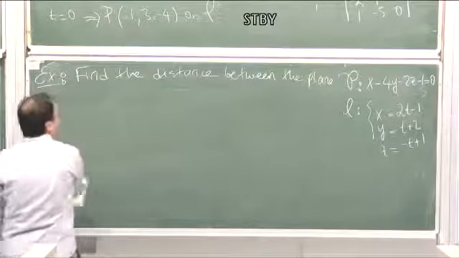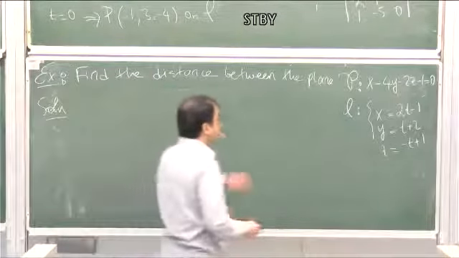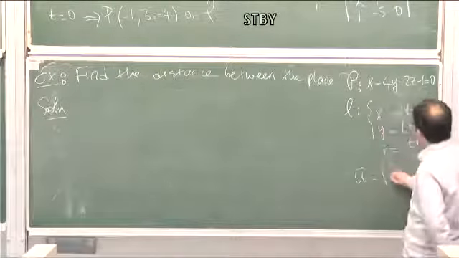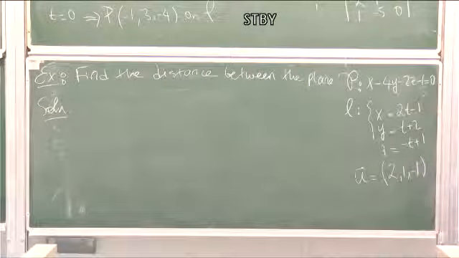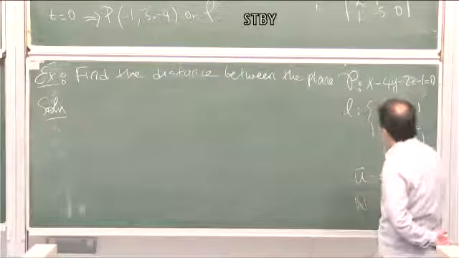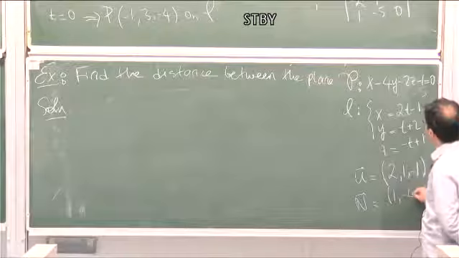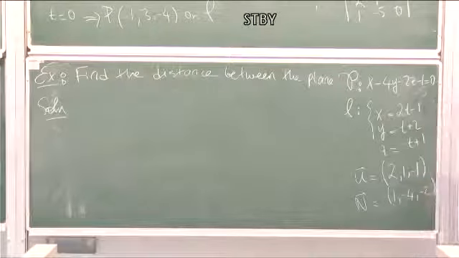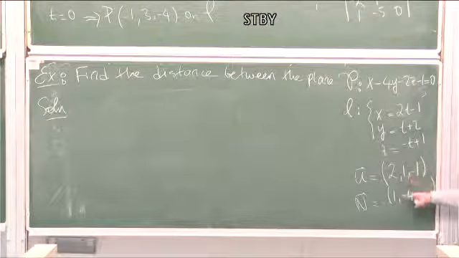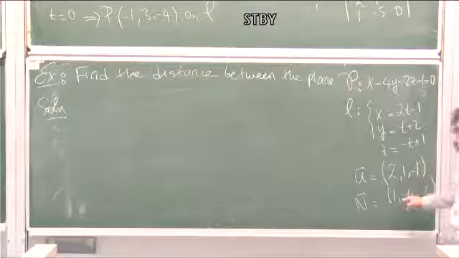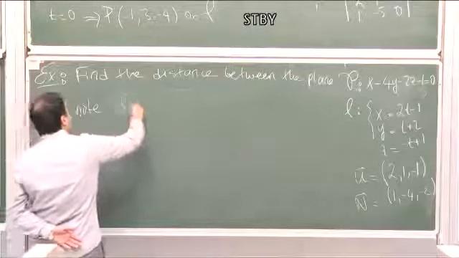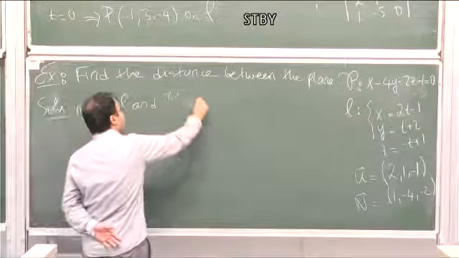So let's look at the direction vector and normal vector. The direction vector here is 2, 1, minus 1. What is the normal vector for the plane? The normal vector is 1, minus 4, minus 2. Then you may notice that when you take the dot product of these two vectors, u and n, it is 0. So this shows that L and P are parallel.